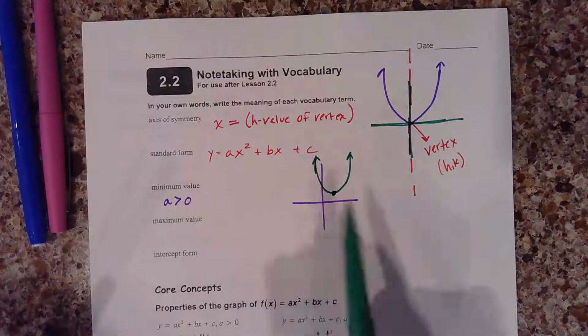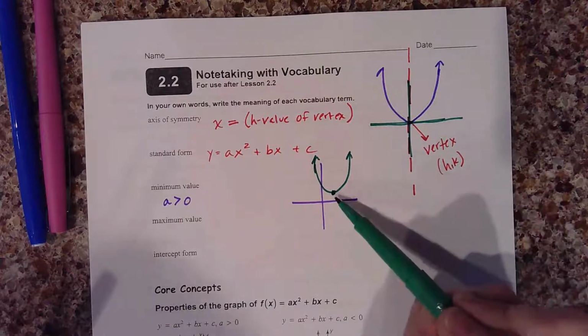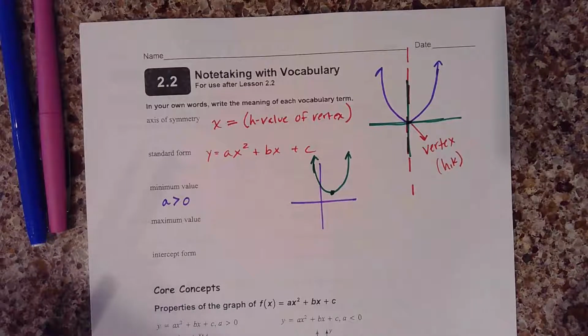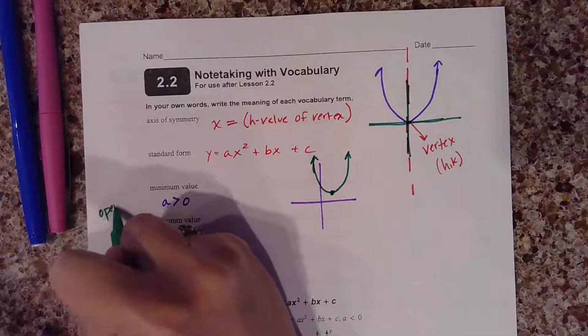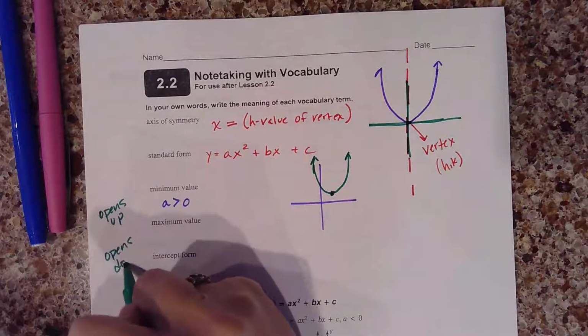So when you have a minimum, that means your parabola opens up. Well, if your parabola opens up, it means that a value has to be positive, which means the a value is greater than 0. What I need you to get out of this is that you understand that a minimum happens when the parabola opens up. A maximum happens when the parabola opens down.